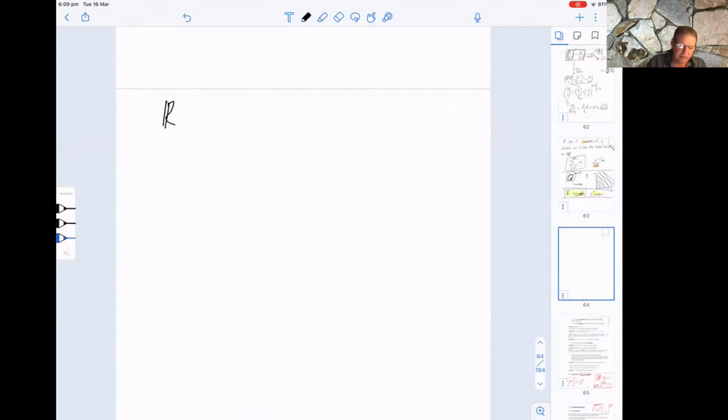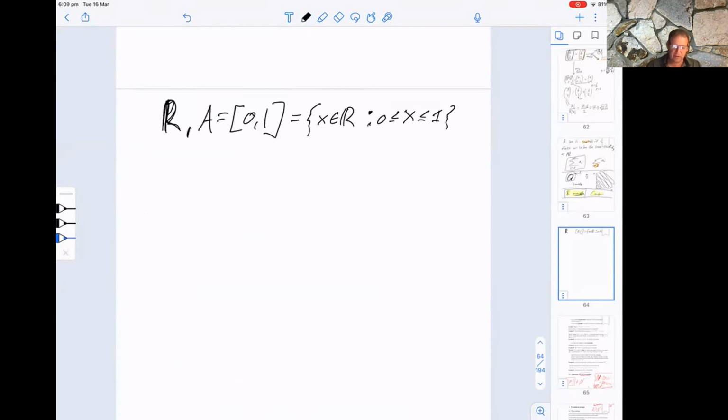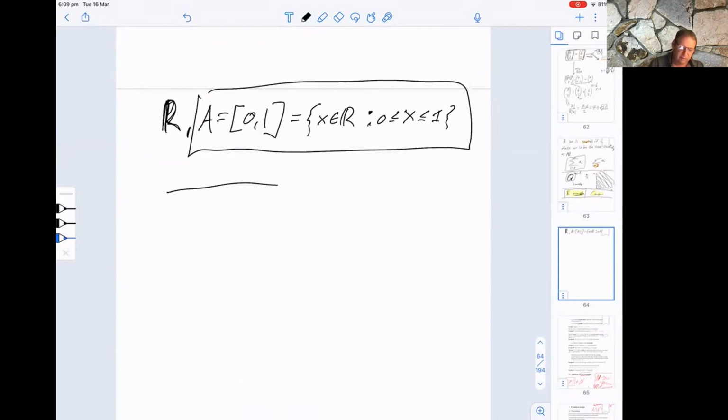So instead of speaking about the set R, let's just call the set 0, 1 all of the x's in R such that x is in 0, 1. Okay, the interval of numbers between 0 and 1. So let's call this A. This is 0, this is 1 on the number line. It's everything here. And somehow, in mathematics, it's not countable.